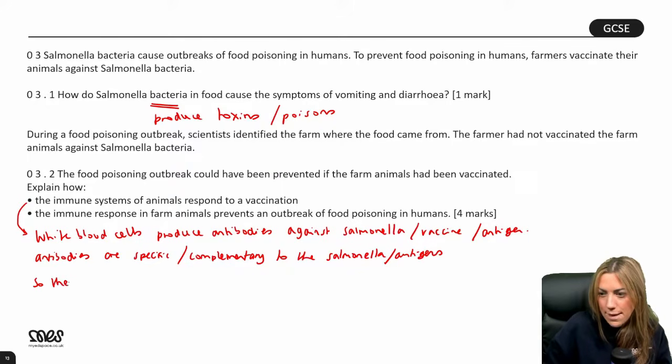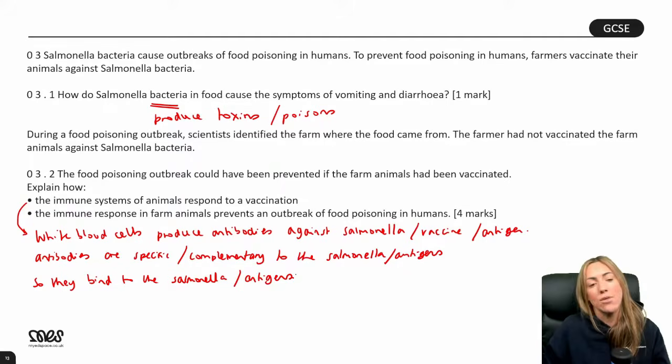So they bind to the Salmonella or the Salmonella antigens, okay? So it's not just any old antibody, it has to be the specific or correct antibody that is complementary to those specific antigens on the Salmonella that would have been in the vaccination, a weakened or dead or inactive form. Okay, so what's going to happen next?